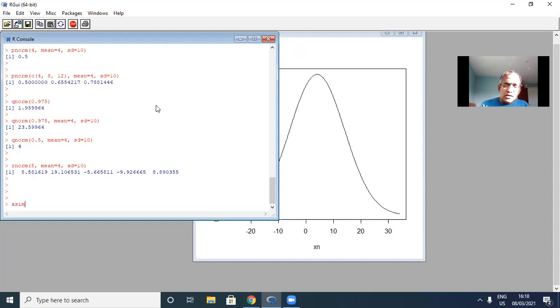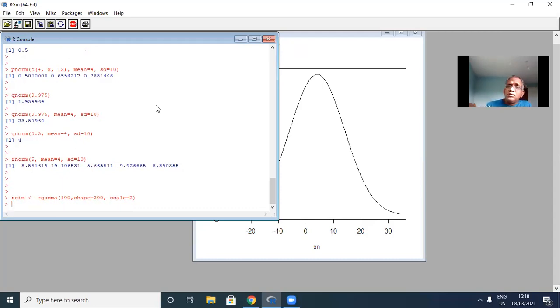For this, the first thing I'm going to do is simulate a random sample of size 100 from a gamma distribution with shape parameter 200 and scale parameter 2. Remember, I'm sure you did probability 1, the gamma distribution has 2 parameters, shape and scale.